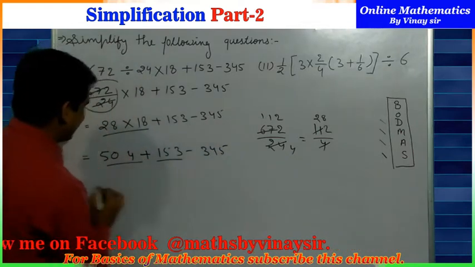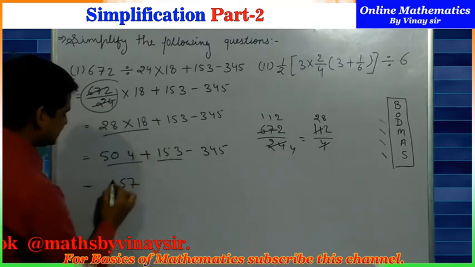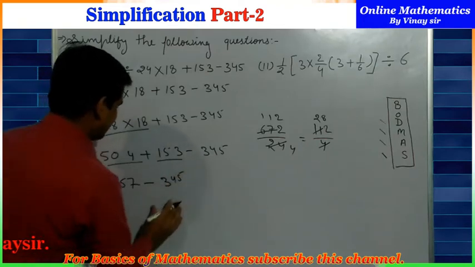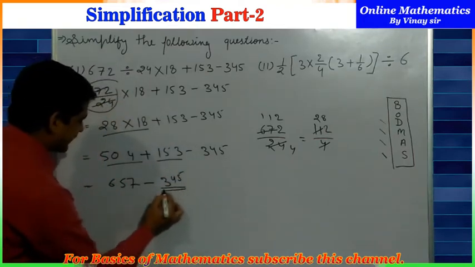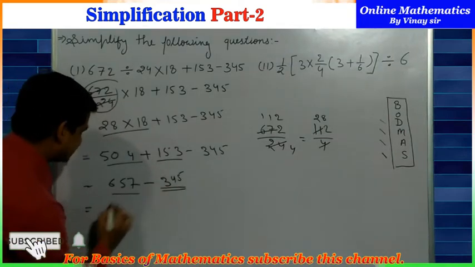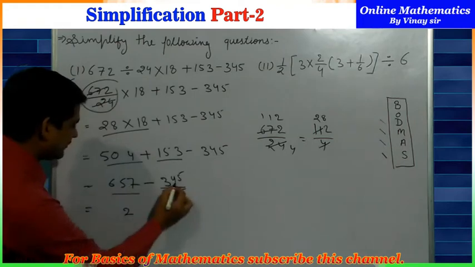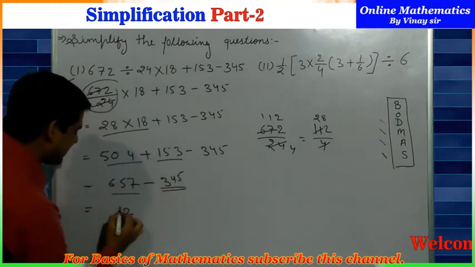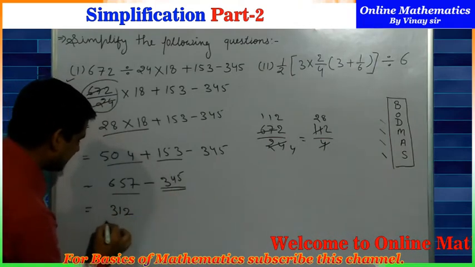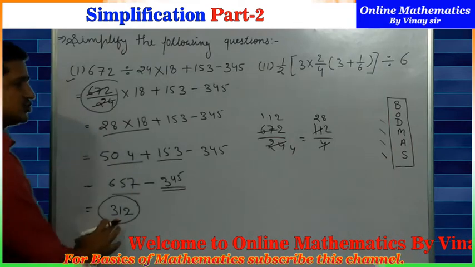These two numbers will be added, and we get 657, minus 345. Now we have to subtract 345 from 657. Subtracting 5 from 7 we get 2, subtracting 4 from 5 we get 1, and subtracting 3 from 6 we get 3. So finally our answer is 312.